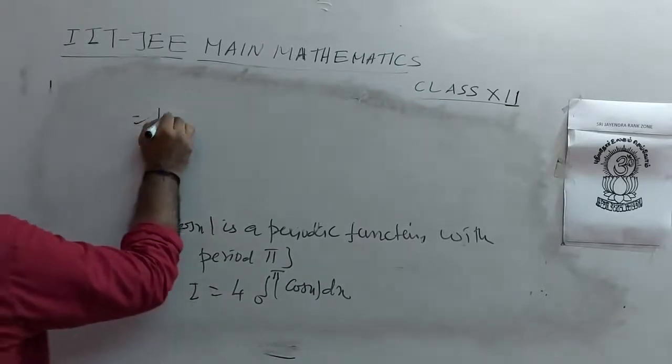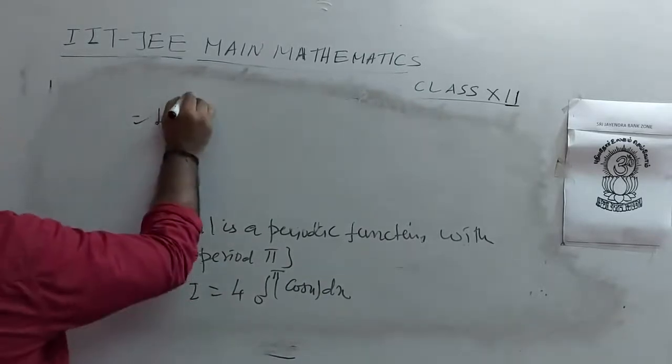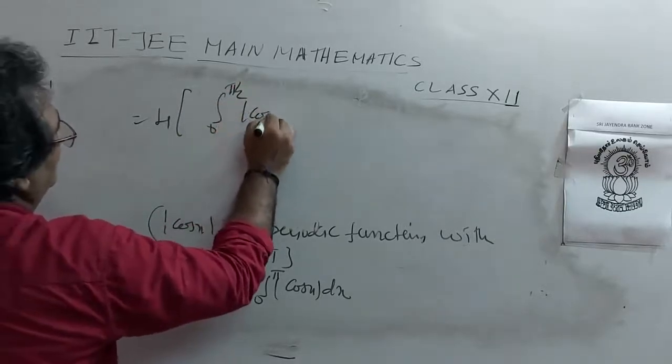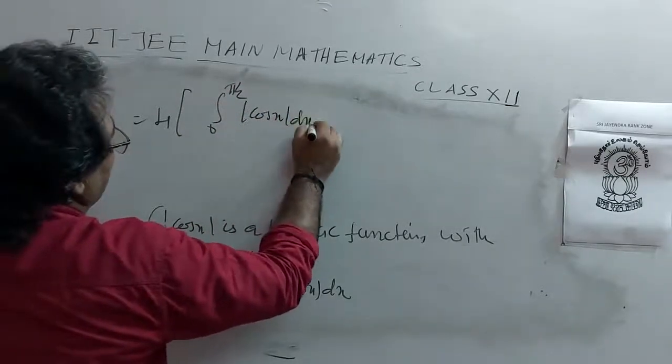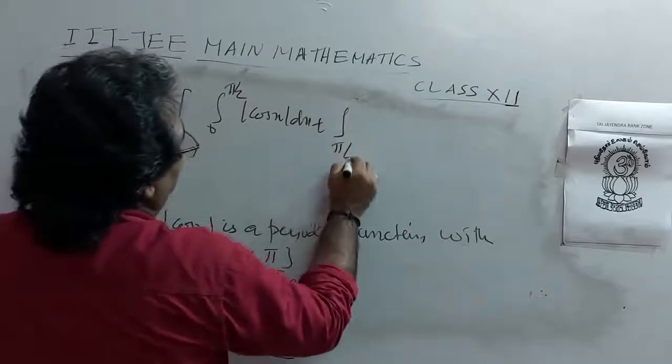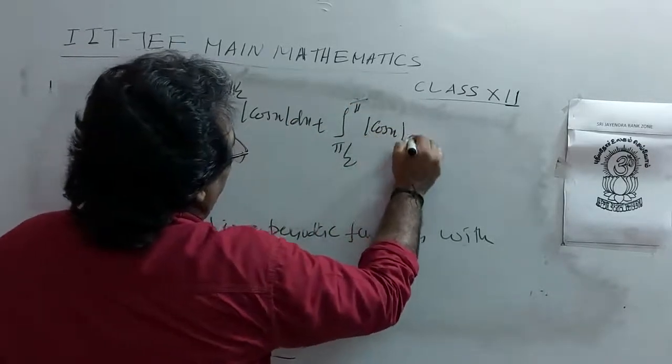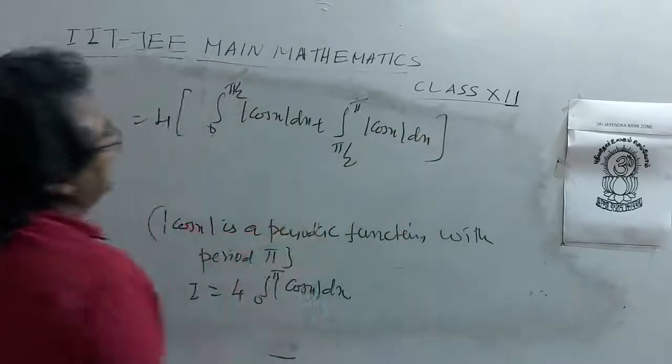Equal to 4 times integral 0 to pi by 2 modulus cos x dx plus integral pi by 2 to pi modulus cos x dx.